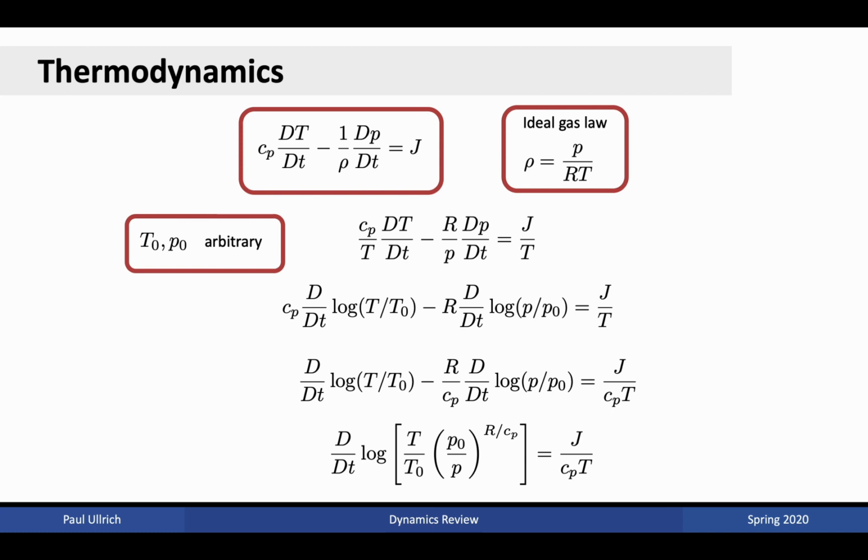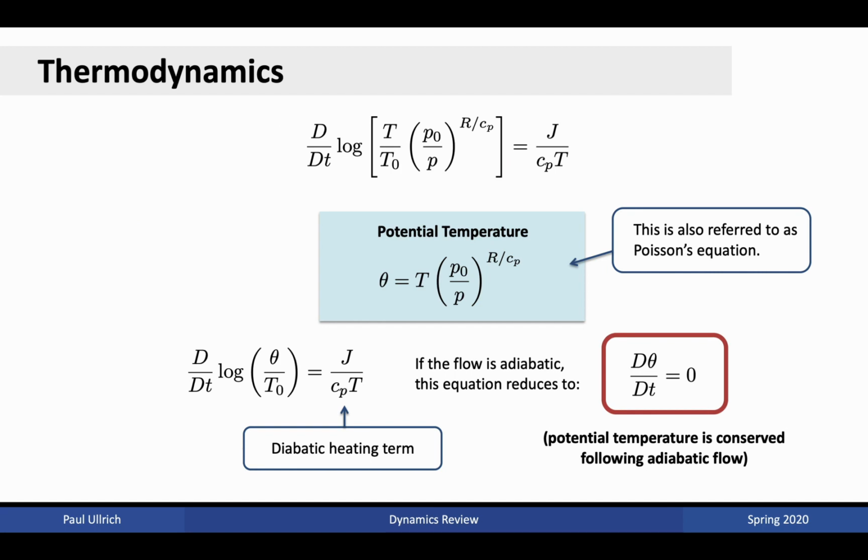Here we have the time rate of change following a fluid parcel of log of, within the square brackets, capital T over T0 times P0 over P to the R over Cp, is equal to the heating rate divided by CpT. So this quantity within the logarithm is referred to as the potential temperature.